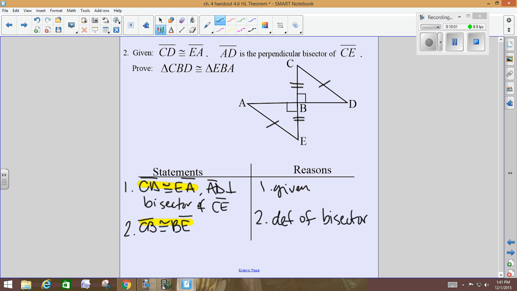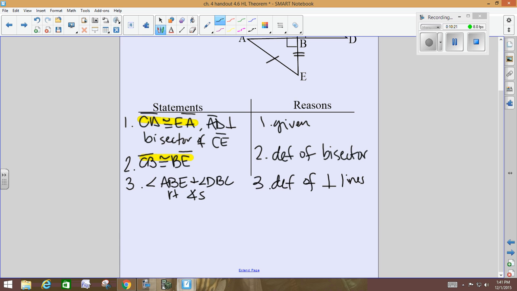How did we know they were right angles? Because of the perpendicular lines. Good. So angle ABE and angle DBC are right angles by the definition of perpendicular lines. Therefore, triangle ABE and triangle DBC are right triangles by the definition of a right triangle.